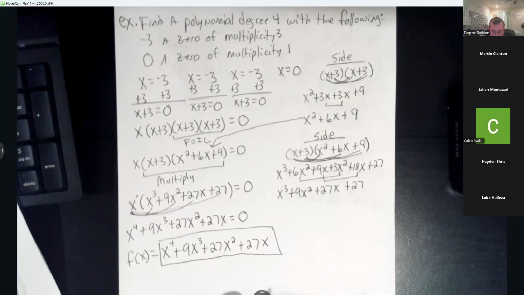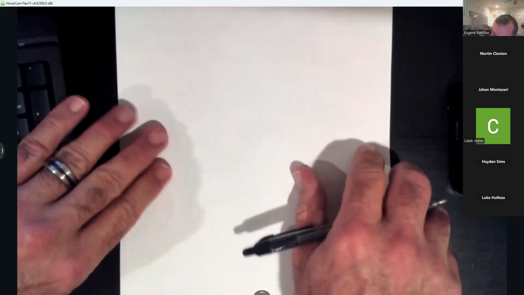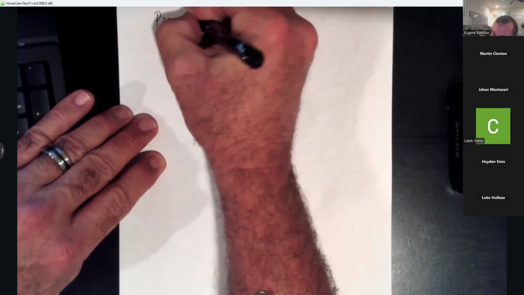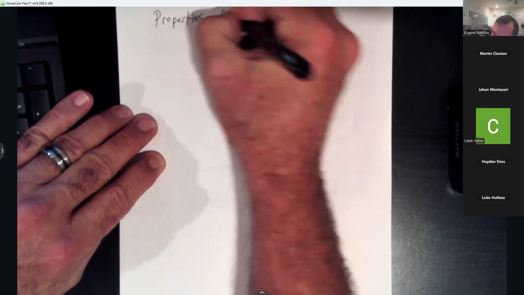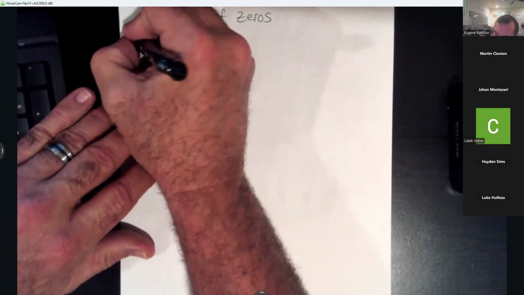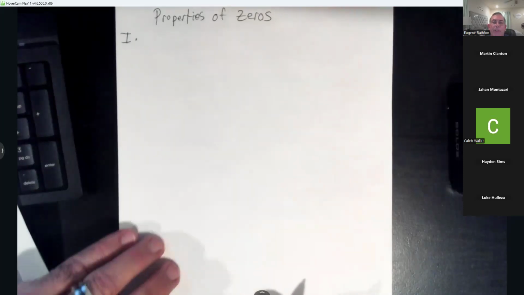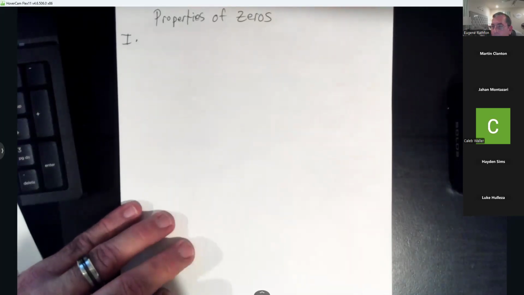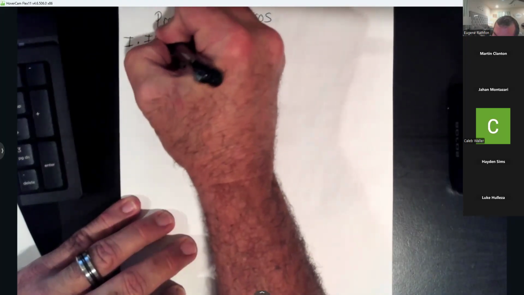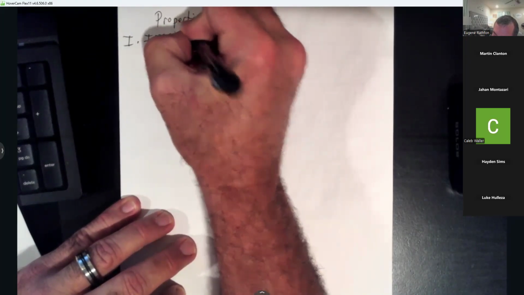Now, y'all, so let's look at what we call properties of zeros. And y'all, there's just 2 properties that we're looking at right here. The first one deals with imaginary zeros.